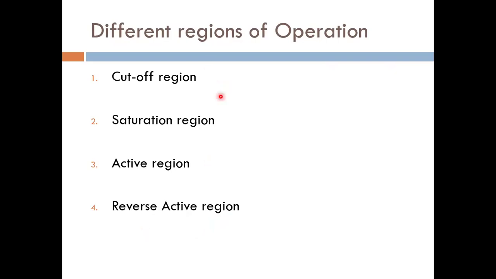Now for simplicity, in the first two regions, cutoff and saturation, the transistor acts as a switch. In cutoff, that is switch off. We will see how. In saturation, that is switch on. So in these two regions, the transistor works as a switch. In the active region, the transistor works as an amplifier. While this reverse active region is very rarely used, and also this is not in practice, so we will not focus on this region. Well, we will focus on these three regions.